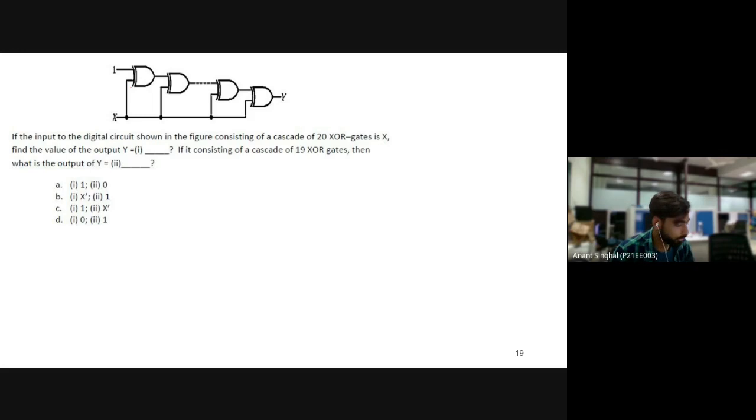Yeah, please try to solve this question. And let me know if anyone is getting any answer. It's complement.